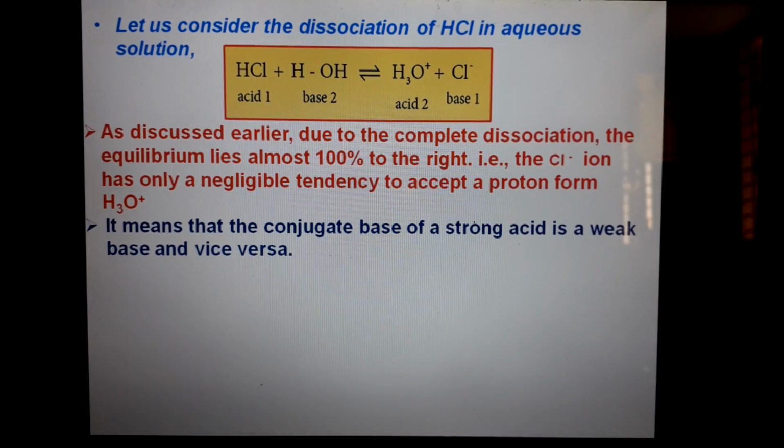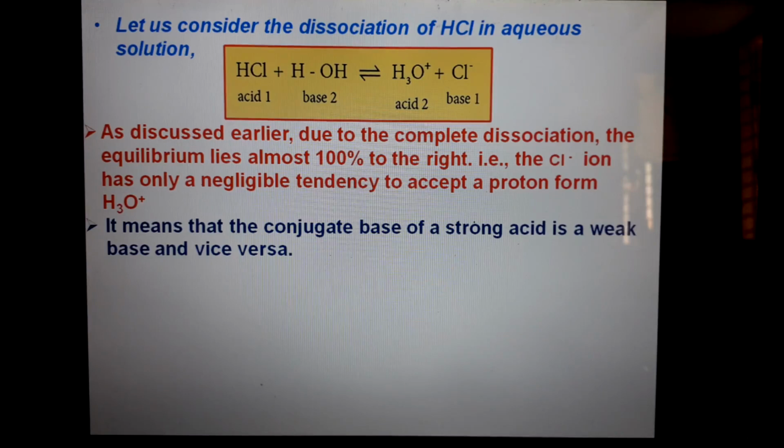In this HCl, which is the conjugate base? Cl− is the conjugate base. It is a weak base, and vice versa: the conjugate acid of a weak base is a strong acid. Vice versa is another concept.